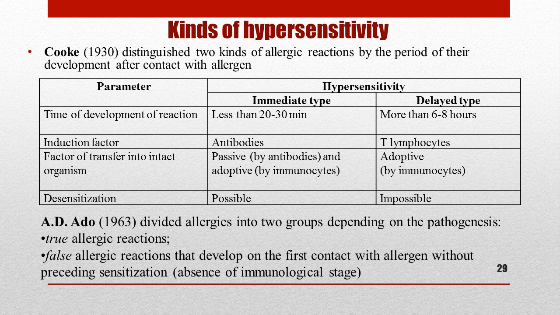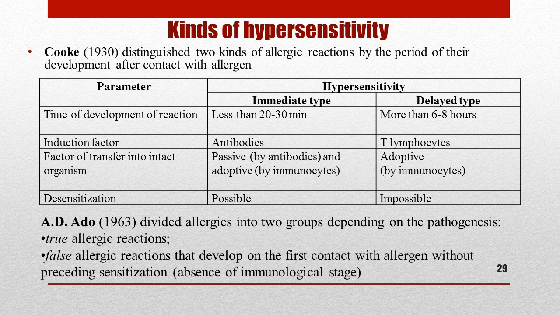Kinds of hypersensitivity. In 1930, Cooke distinguished two kinds of allergic reactions by the period of their development after contact with allergen. These are immediate type and delayed type hypersensitivity. Immediate type develops in less than 20-30 minutes after action of allergen.